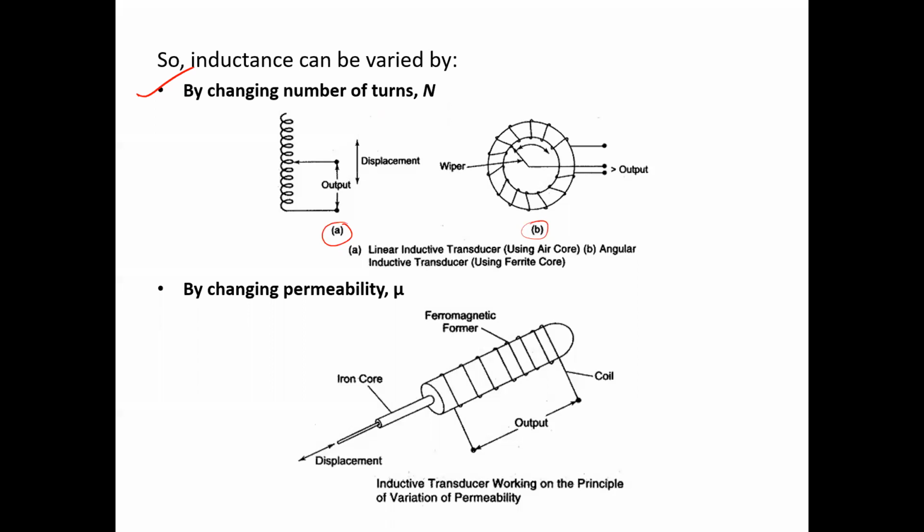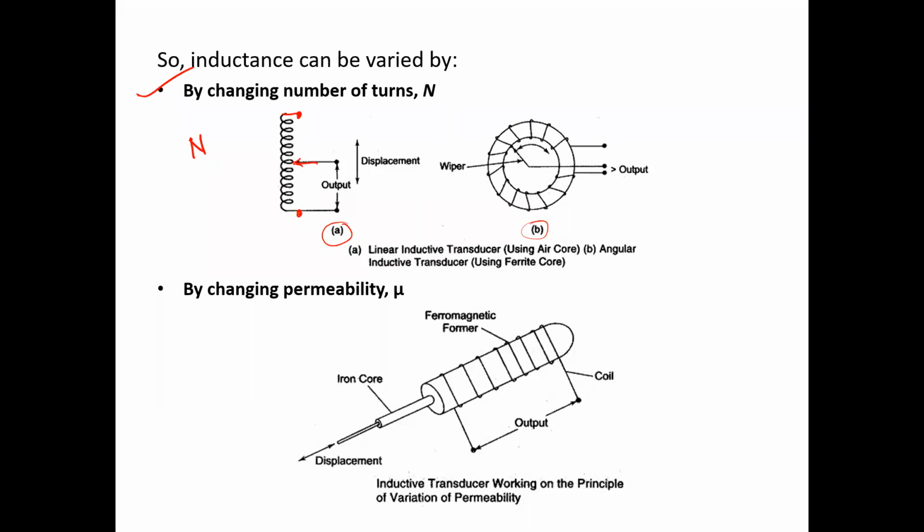Here we have two fixed terminals, as I have highlighted here. Within these two fixed terminals, there is a total of n number of turns of the coil. Apart from the two fixed terminals, there is a movable terminal as well. This sliding terminal can be moved along the entire coil.